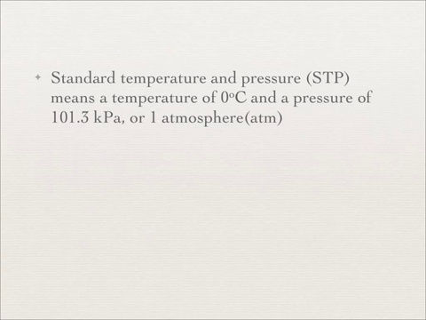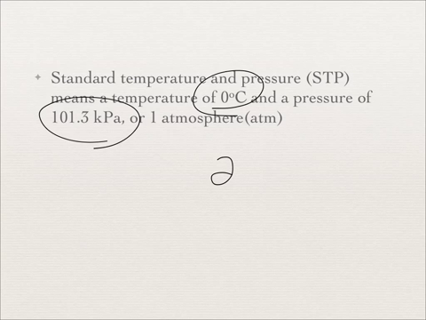On the news you usually hear millimeters of mercury, but we're going to use kilopascals. So 101.3 kilopascals is standard pressure, and 0 degrees Celsius or 273 K is standard temperature.